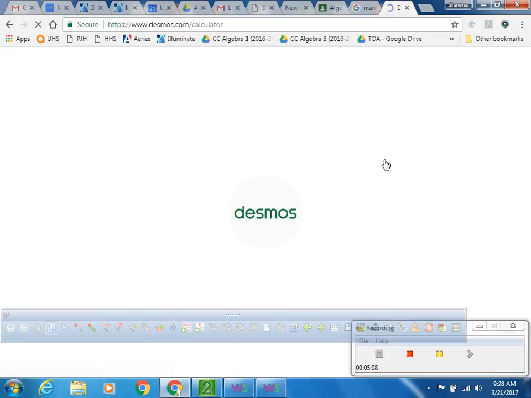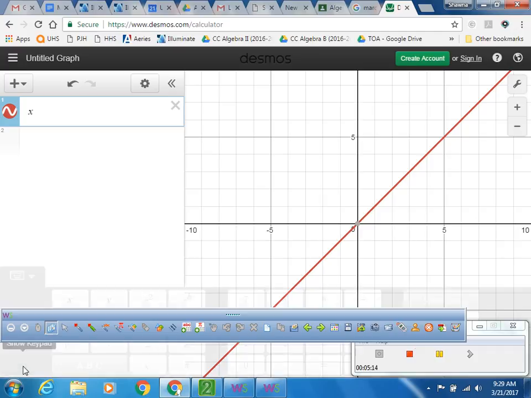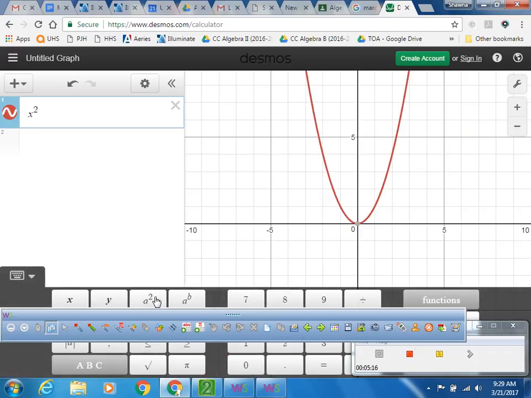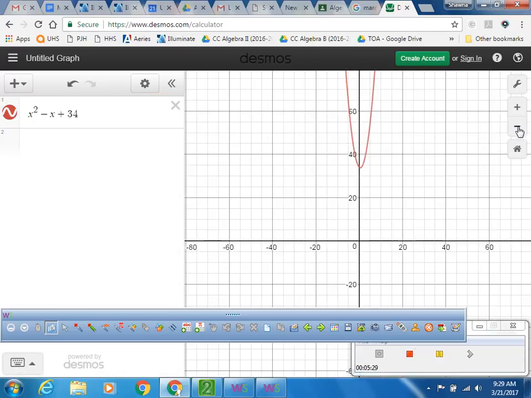So x squared minus x plus 34, was it plus 34? See it? It doesn't cross the x-axis at all. There is no solution. Okay? So it's got imaginary roots.